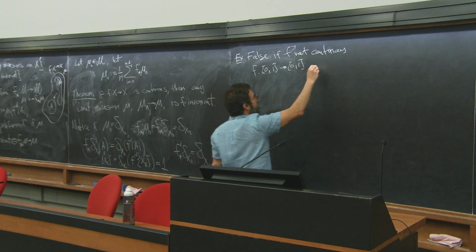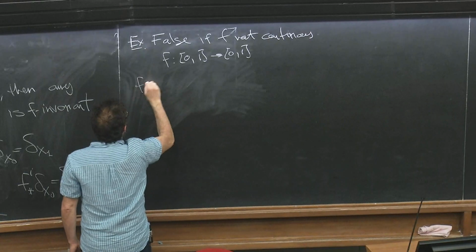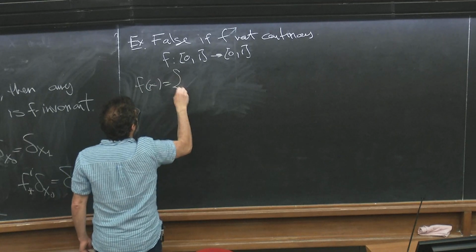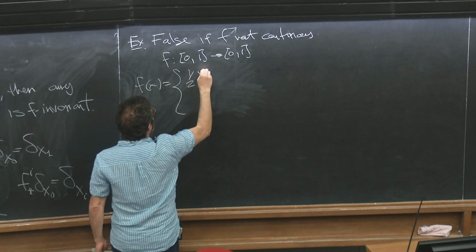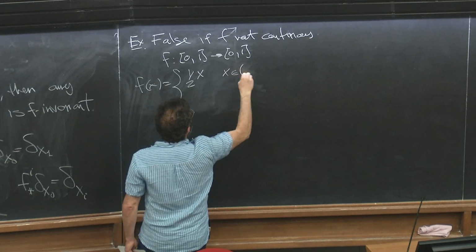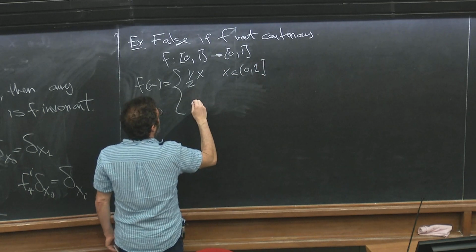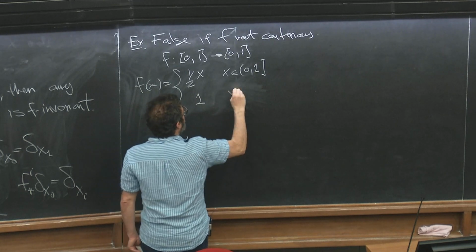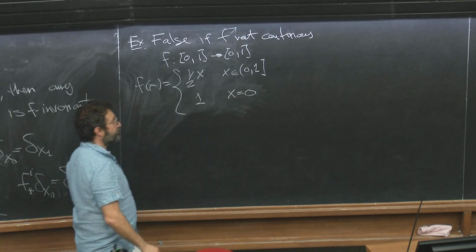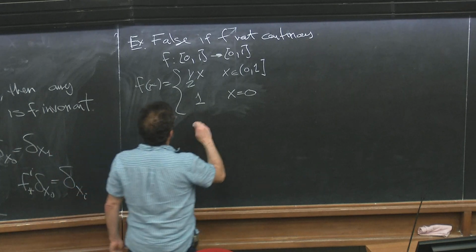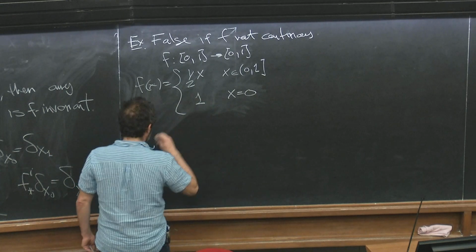We take a simple example: f of x is equal to 1/2 of x if x is in the half-open interval (0,1], and is equal to 1 when x is equal to 0. So f of 0 is equal to 1.